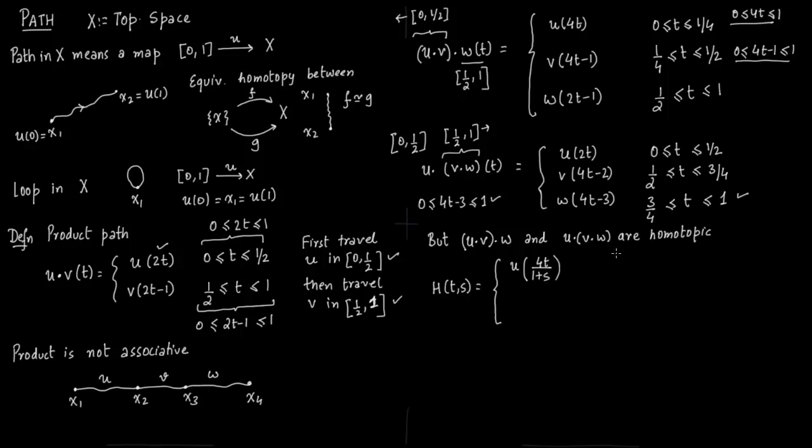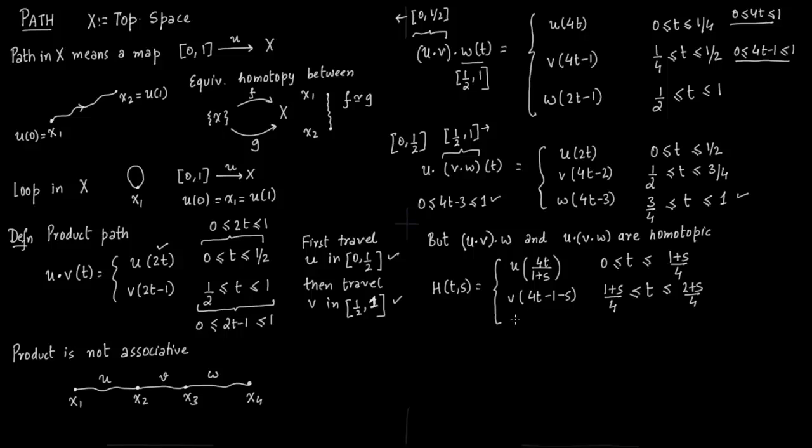Again notice that 4t over 1 plus s has to lie between 0 and 1, and you rearrange this, you get 0 less than or equal to t less than or equal to 1 plus s by 4. Then you write v of 4t minus 1 minus s. Again 4t minus 1 minus s has to lie between 0 and 1. You rearrange this and you find that t lies between 1 plus s by 4 and 2 plus s by 4.